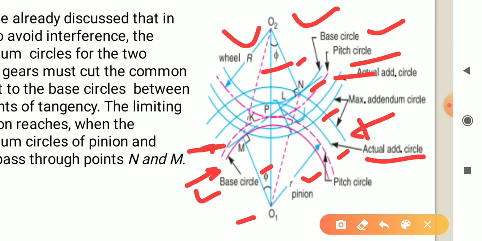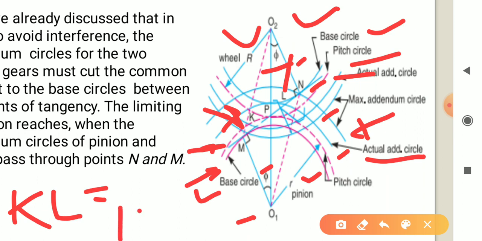In the previous video we derived the equation for the path of contact. We know that the path of contact starts at point K, which is the beginning of engagement, and L is the end of engagement, or disengagement. So KL is equal to the path of contact. This length of the path of contact is a combination of two things: first KP, and next PL.